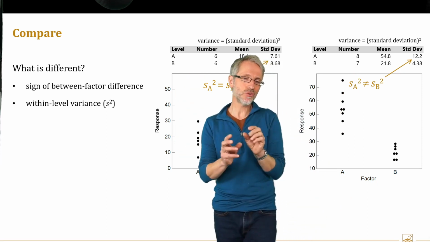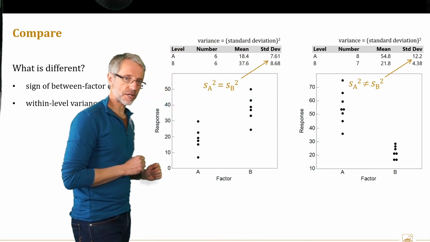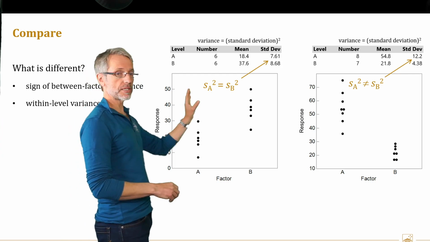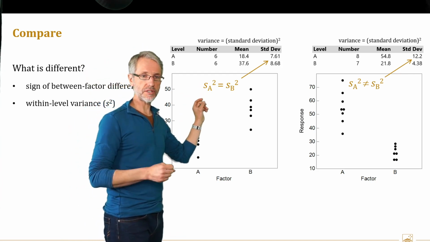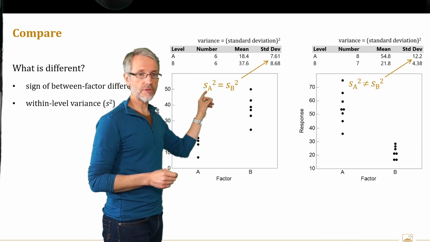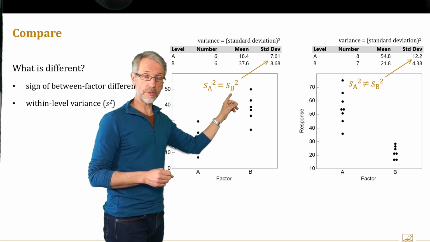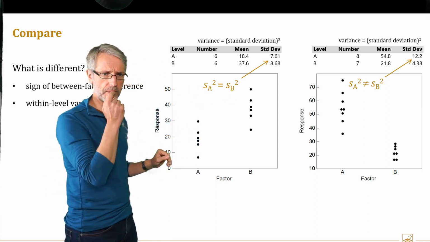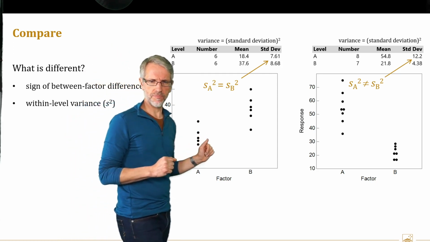So there are two differences there that actually are important for us to take on board. And what those differences add up to is that the variance, the square of the standard deviation, of factor level A and factor level B in this first panel, they're the same, or they're close enough to being the same for us to treat them as equal.